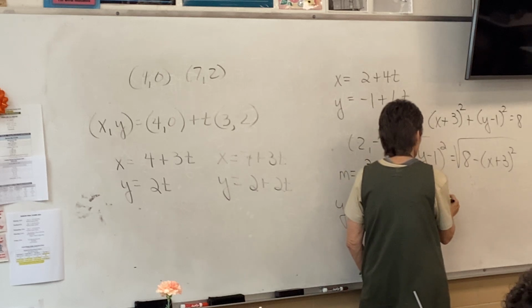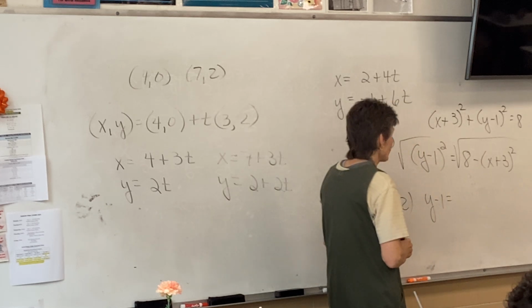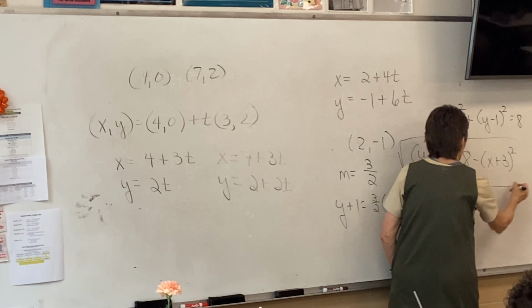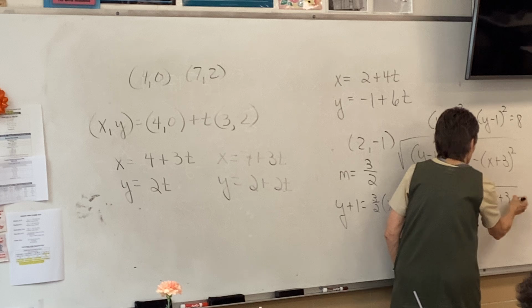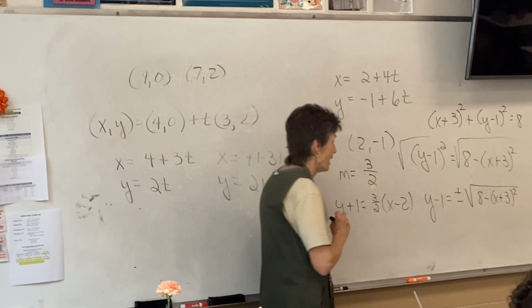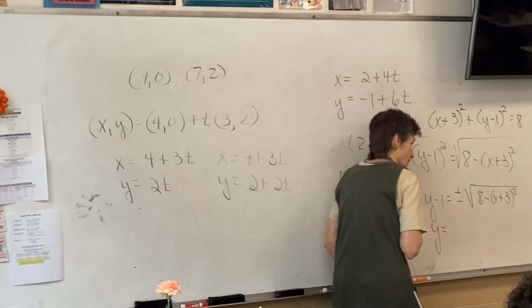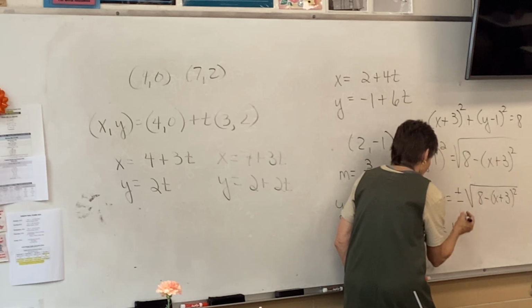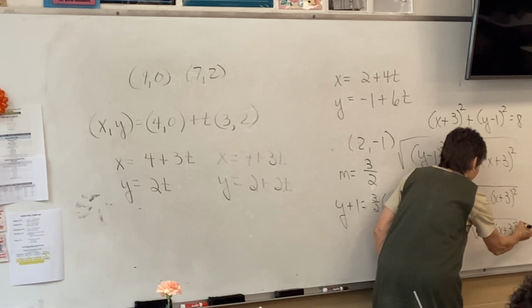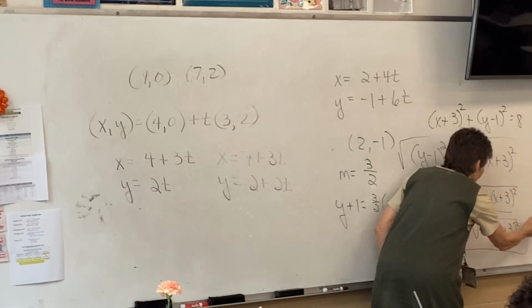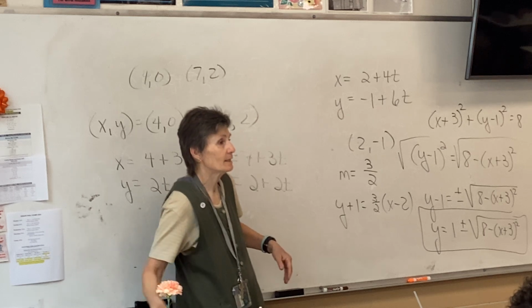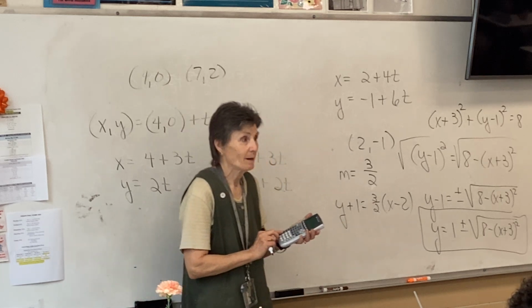So y minus 1 is going to equal plus or minus the square root of this. And then y will equal 1 plus or minus the square root of this. These are called your implicit functions. In other words, all I did was get y by itself.